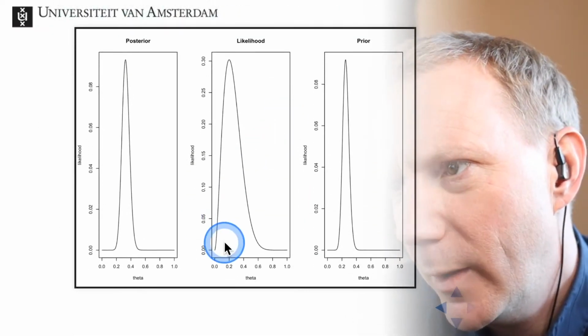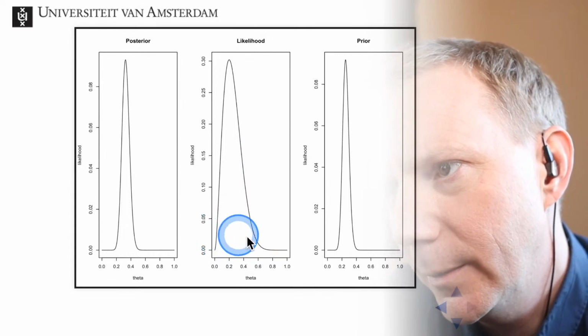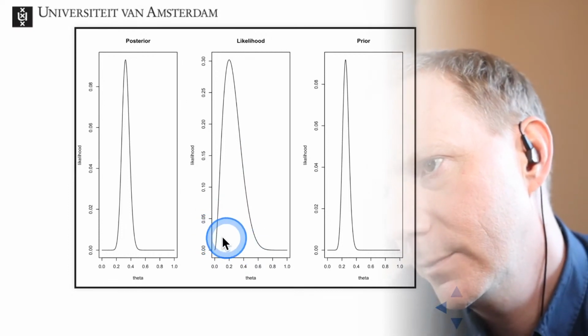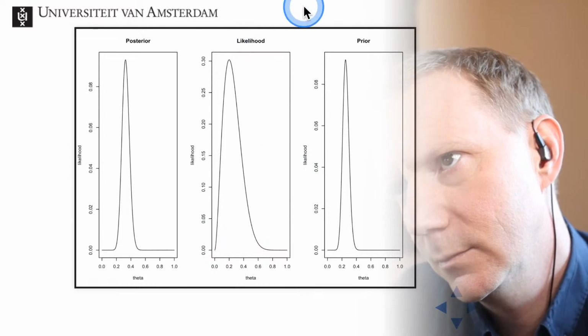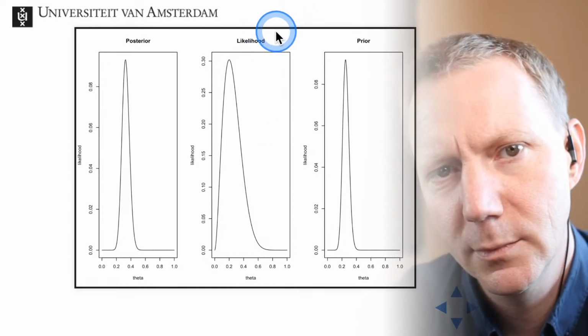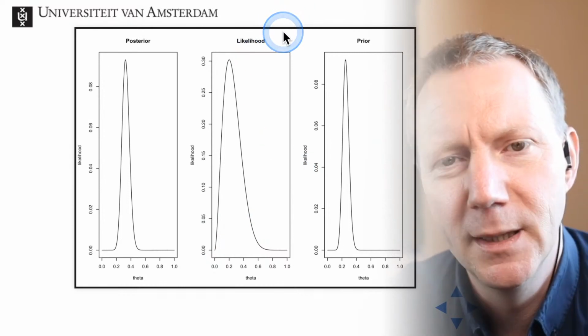Can anyone tell me why this is such a wide distribution? Because we only had 10 throws. Exactly.